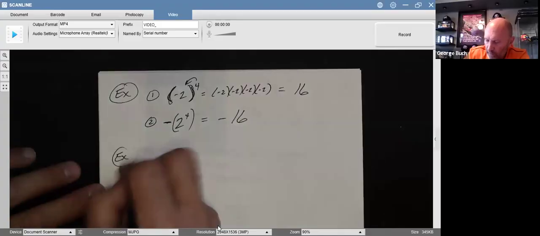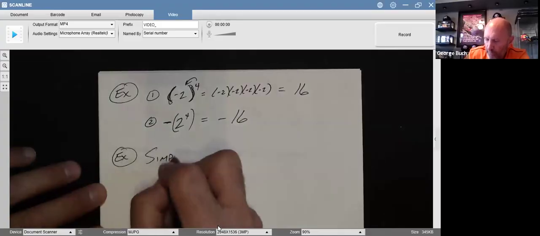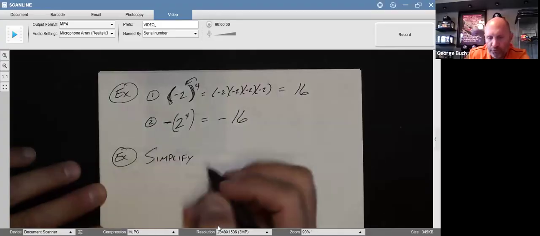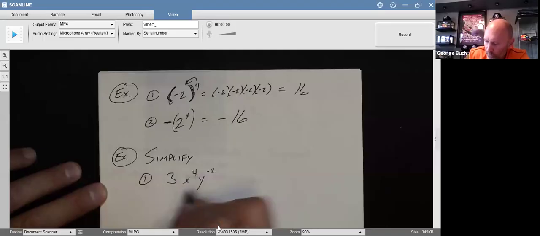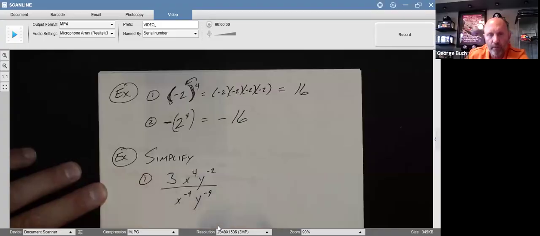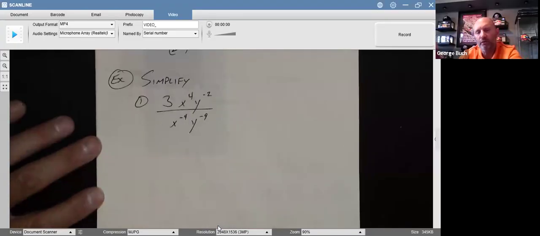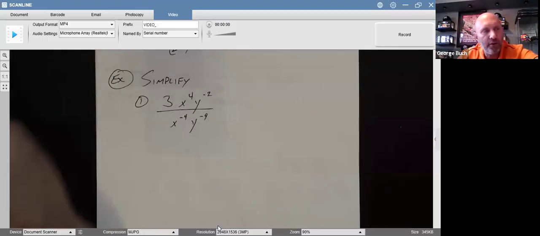All right, let's try a couple harder ones here. We're going to simplify. The first one is 3x to the fourth, y to the minus 2 over x to the minus fourth, y to the minus 9. So we're basically going to look at this as three different problems.